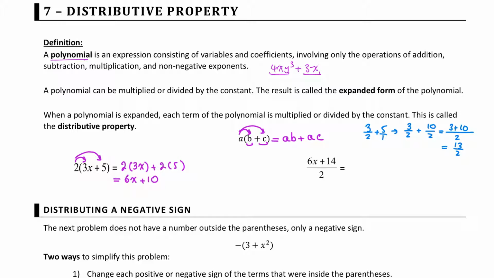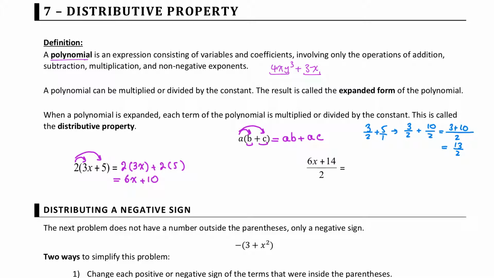As you can see, I have 3 plus 10 in the numerator and the 2 in the denominator, and that's equivalent to saying 3 over 2, which is over here, plus 10 over 2, which is over here. So far we've been going forward in this direction, but today we're kind of going backwards.